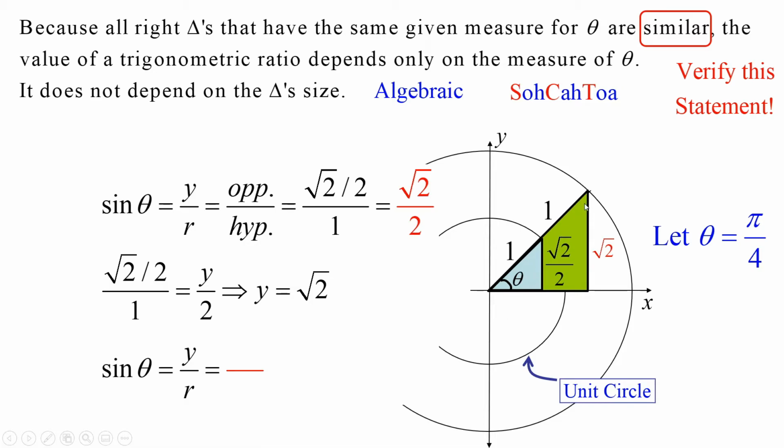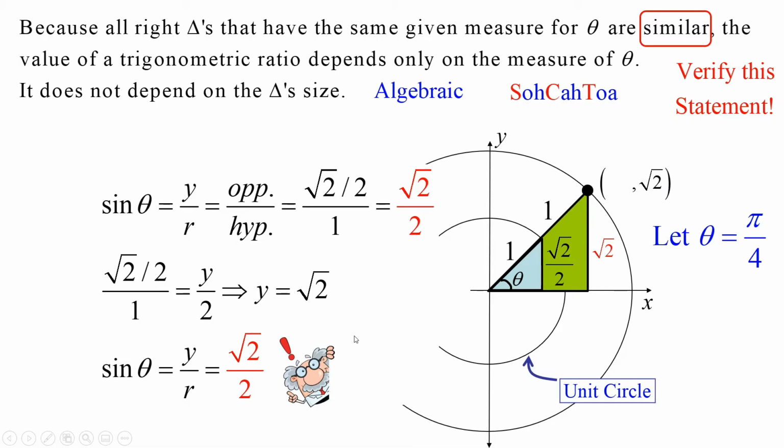Well, the y coordinate of this point right here would be root 2, and the radius is 2. We get the same sine of theta. Sine of theta is root 2 over 2, no matter which triangle we use, and that will always be the case. So sine of pi over 4 is always root 2 over 2. Isn't that cool? All right, big stuff right there.